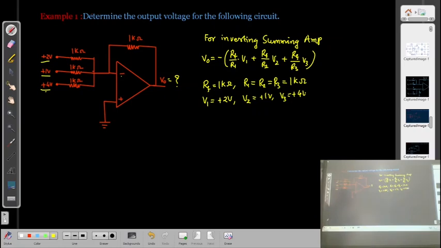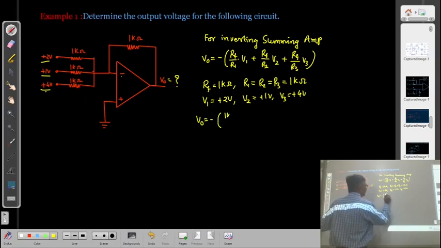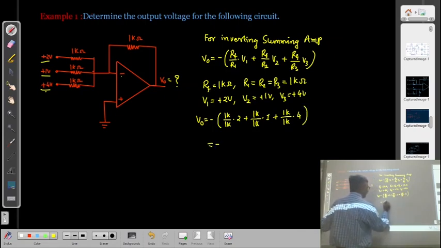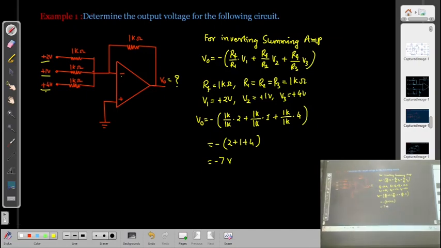Okay? So now we put all these values in this formula. VO will be equal to minus 1K divided by 1K into 2 plus 1K divided by 1K into 1 plus 1K divided by 1K into 4. So you will get minus 2 plus 1 plus 4, and that is minus 7 volt. So this is the output voltage of the given example.